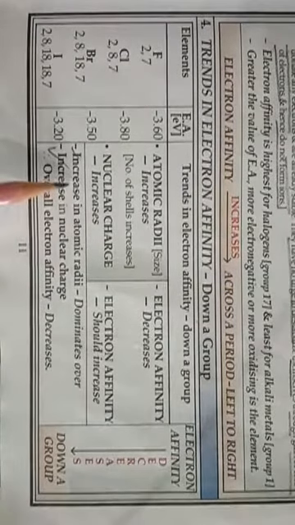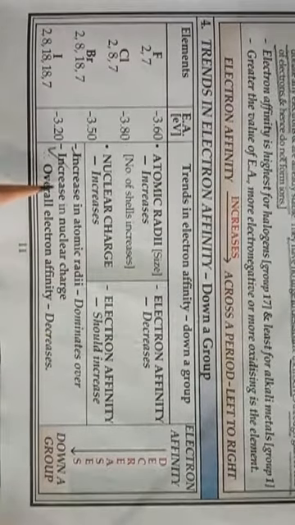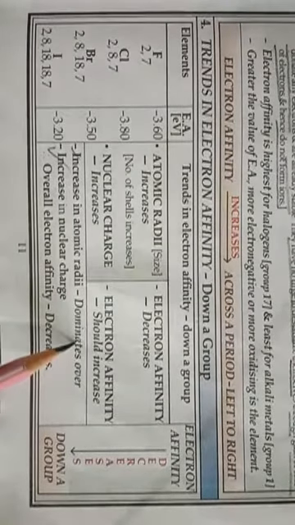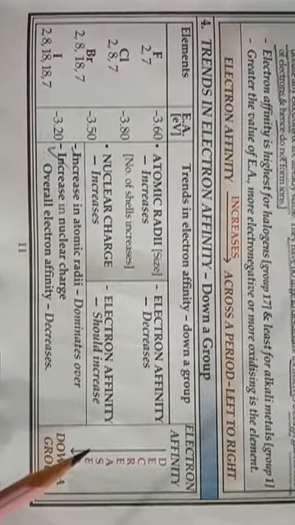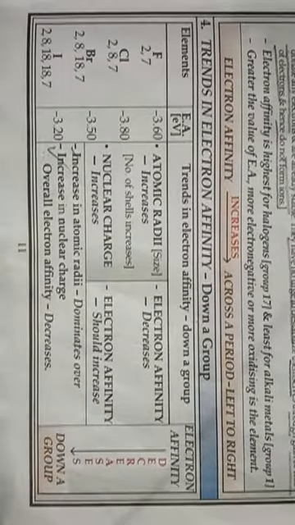Why? Because the increase in atomic radii dominates over the increase in nuclear charge, as we have seen in the case of ionization potential. Okay children, so due to this, electron affinity decreases from up to down in the group.